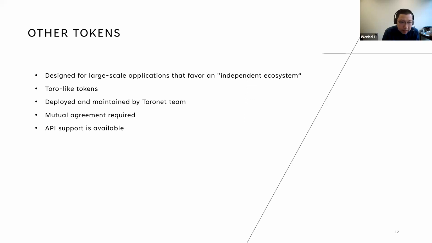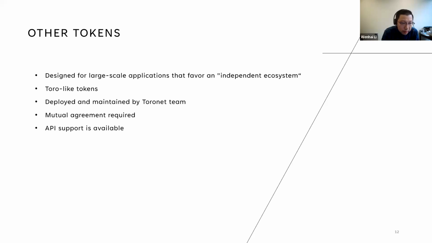Remember, Toro is the default currency, so all applications can access it. But what if an application says, I just want to have my own token? This is fine. We also support that. We can help the developer deploy their token, and that token is also Toro-like, so all the functionality available to Toro is also available for that token. And again, those tokens can be exchanged to or from Toro.